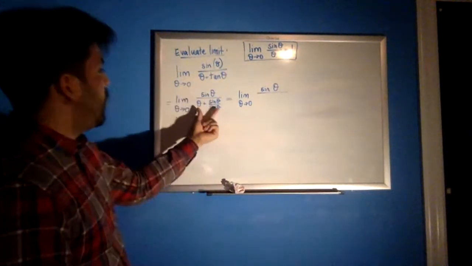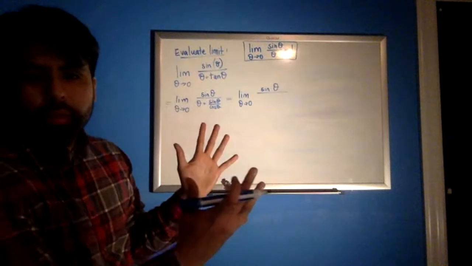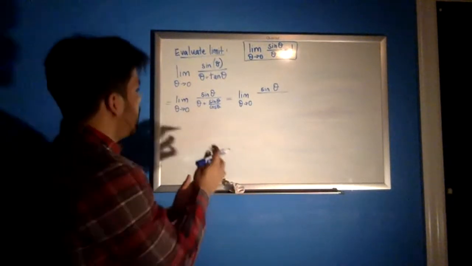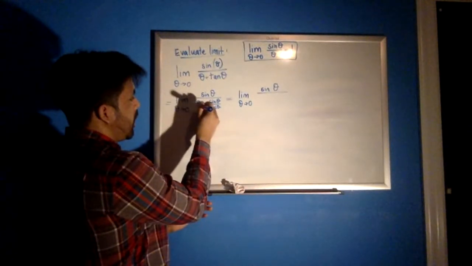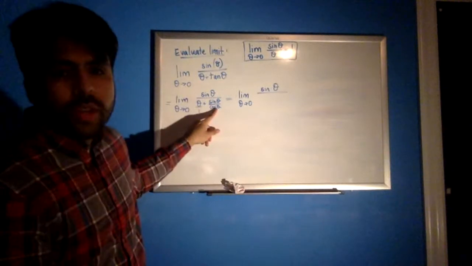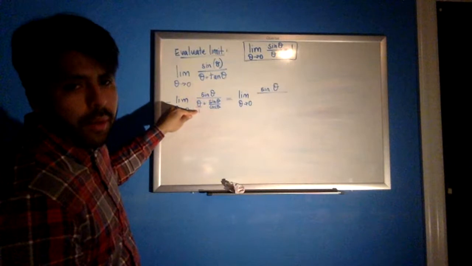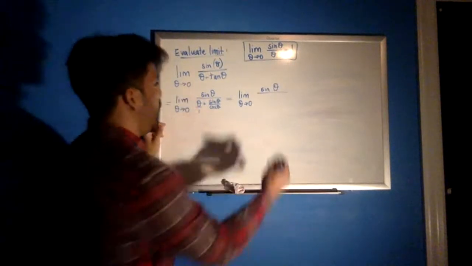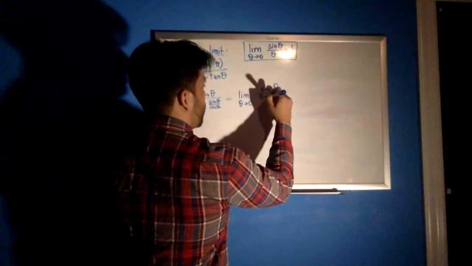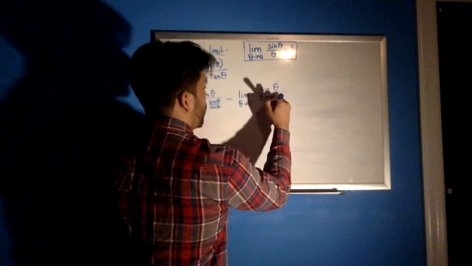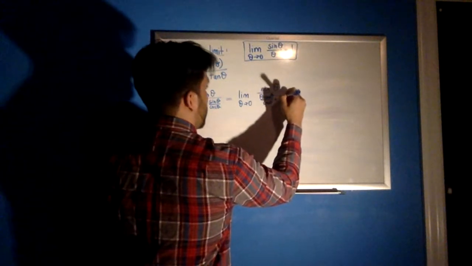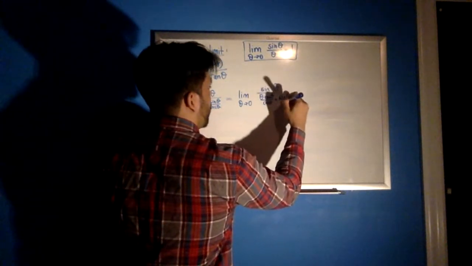Normally, what do we do with these fractions? We try to make them into a single fraction. So what's missing here? I'm missing a cosine theta. So I'm going to multiply theta over 1 by cosine theta over cosine theta, and then I get theta times cosine theta over cosine theta plus sine theta over cosine theta.